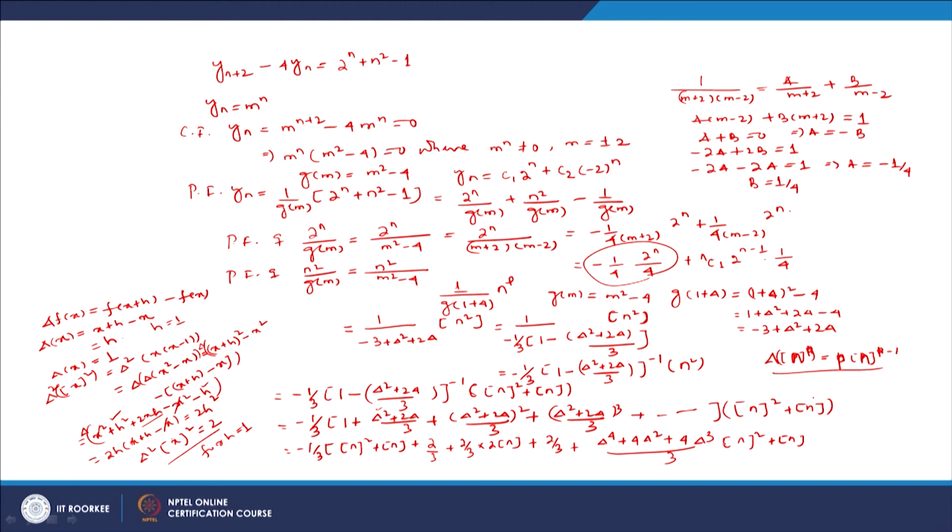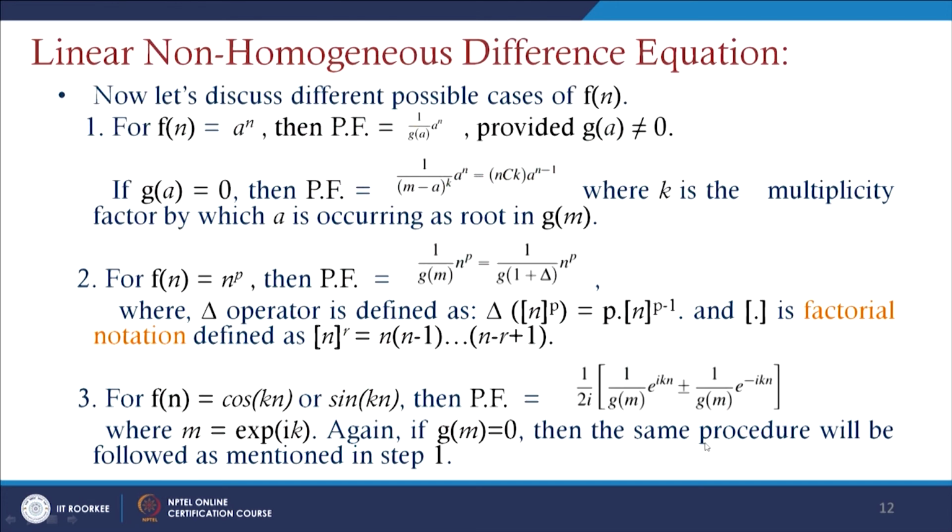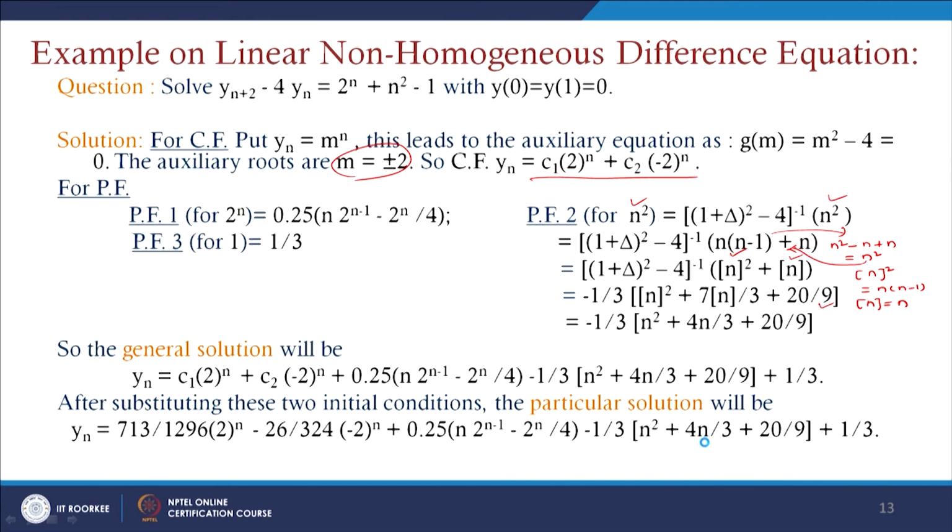After this, all other values are 0, since higher order differences give you 0. From this you can find the particular value n square plus 7 n by 3 plus 20 by 9.